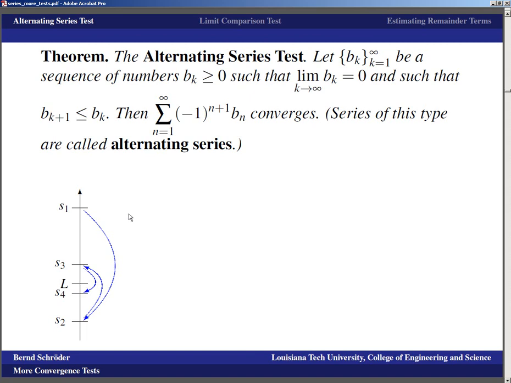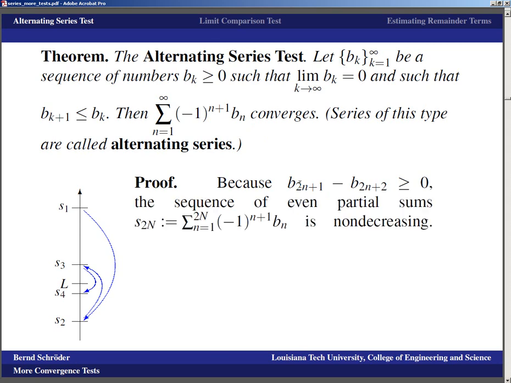And we can actually prove that in a mathematically pretty watertight fashion, because we know that if we look at an odd number term in this series and an even number term in this series, then the odd number term is positive, the even number term is negative, and their difference is greater than or equal to 0 because the next term is less than or equal to the previous term.